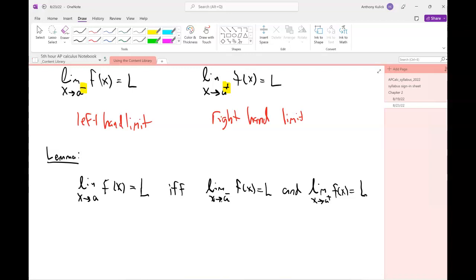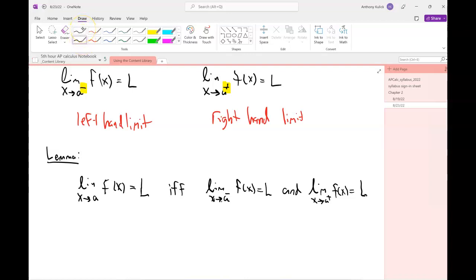Or if the left-hand limit and right-hand limit match, then the limit exists and has that same value. Intuitively that makes a lot of sense, right? That feels like the way it should be.